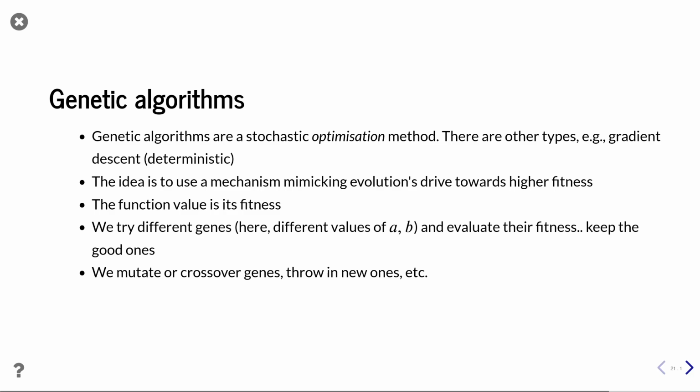So we keep the good genes and we throw in some random new genes, etc. And we look at how things evolve through generations. After a certain number of generations, these algorithms usually converge to solutions that are maximizing the fitness. It's actually mathematically proven to be a good way of optimizing.